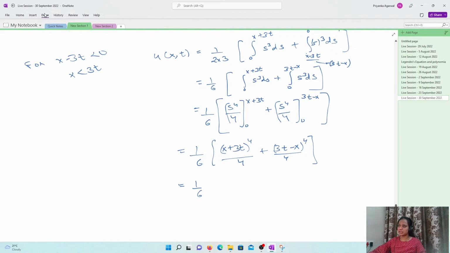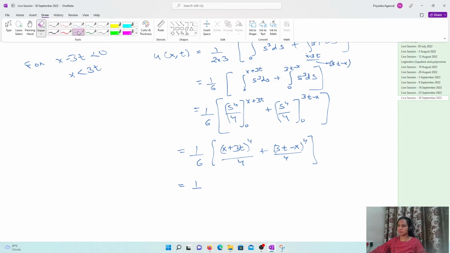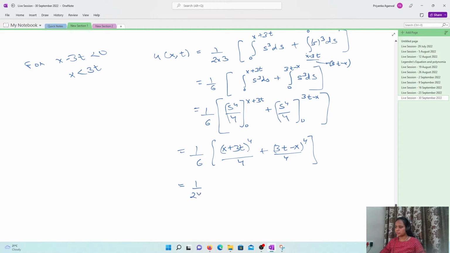So we can directly write it as 1 by 24 times (x plus 3t) to the power 4 plus (3t minus x) to the power 4. So this is the solution for the case when x is less than 3t. I hope it's clear to everyone.